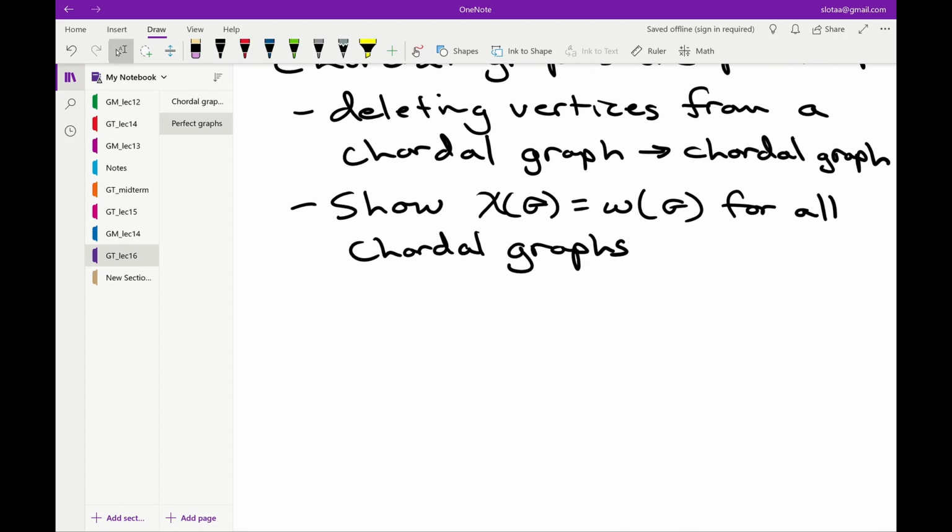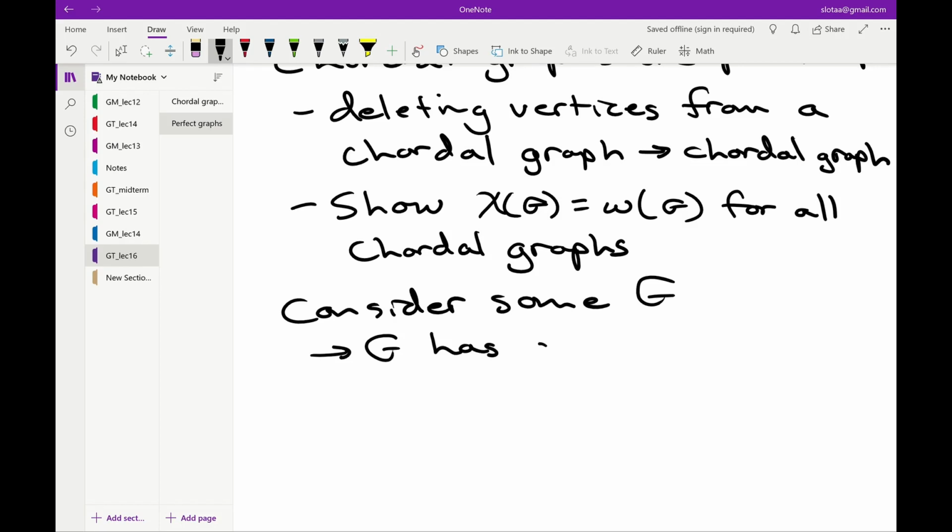So from what we saw before, if we're considering some G, let's specify G is chordal, then G has a simplicial elimination ordering. We just proved that earlier in class, that a chordal graph will have a simplicial elimination ordering.